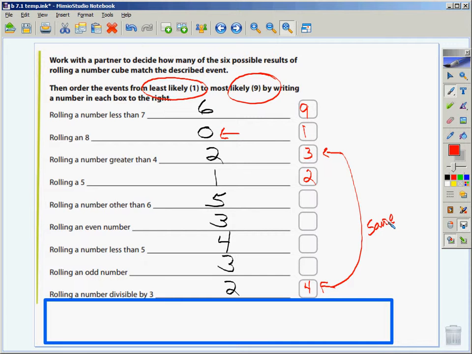They're exactly the same. What's next? Rolling an even and rolling an odd. We're going to label that with a 5 and a 6. Those 2 are also the same.